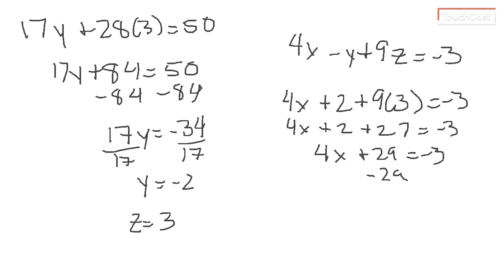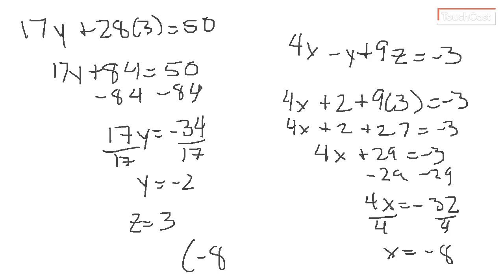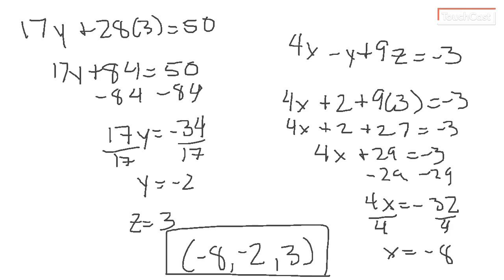Let's subtract 29. So we're going to get 4x equals negative 32. If we divide by 4, we're going to get x equals negative 8, which means our solution is going to be negative 8, negative 2, 3. It's the ordered triple.